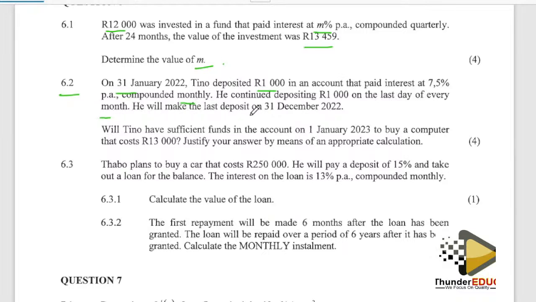We'll make the last deposit on the 31st of December 2022. Will this person have sufficient funds in the account on the 1st January 2023 to buy a computer that costs this much? Justify your answer by means of appropriate calculations.